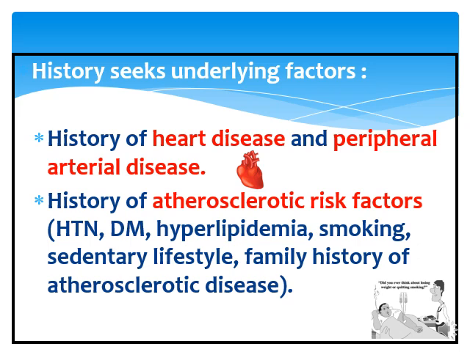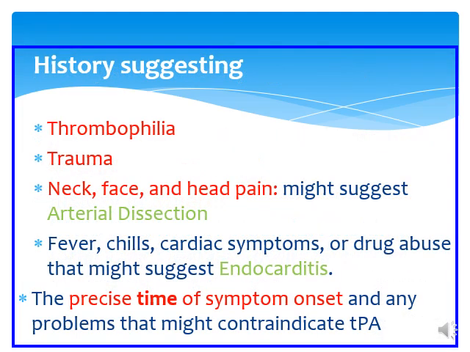History of heart disease and peripheral arterial disease is very essential. History of atherosclerotic risk factors like hypertension, diabetes mellitus, hyperlipidemia, smoking, sedentary life, family history of stroke. History suggesting thrombophilia, hematological disorders, trauma, neck, face, and head pain might suggest arterial dissection.